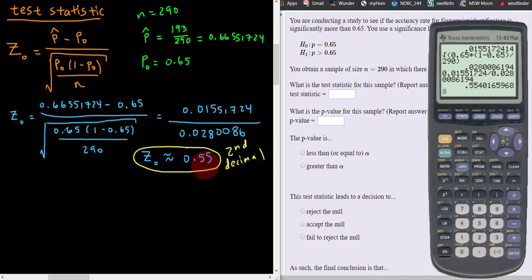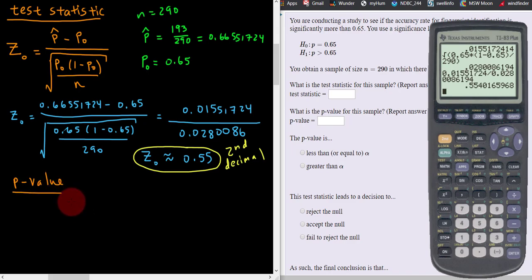So 0.55. That's not a very big test statistic, right? Because if you think about this as a standard deviation, being 1 standard deviation from the mean is not that far away, and this is about half a standard deviation away. So I'm expecting a p-value that's kind of large here.